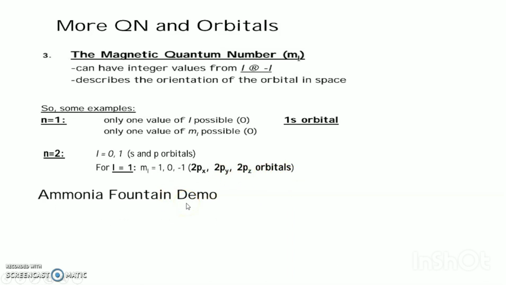Ammonia fountain demo. One of the examples is the ammonia fountain. The reaction NH3 gas going to NH3 aqueous, where the energy values are minus 46.11 kilojoule per mole and minus 80.20 kilojoule per mole. So the energy change is minus 80.20 plus 46.11, which is minus 34.18 kilojoule.